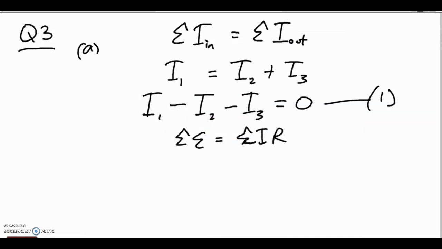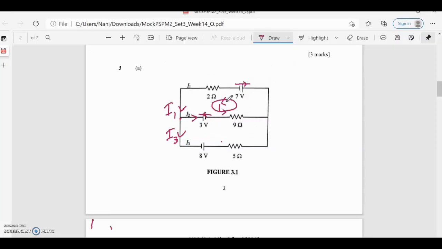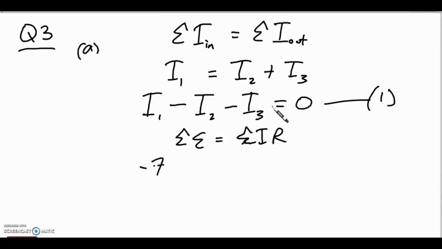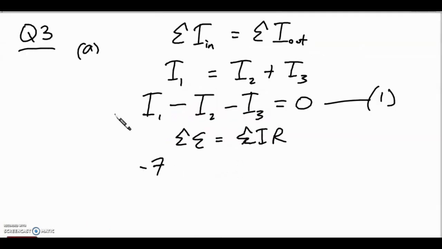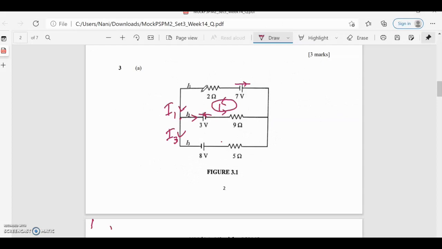So just now 7 volt is negative because it is the opposite direction. Okay, so negative 7. And the other one, 3 volt, is also opposite direction to the loop, so let's make it negative 3. Okay, and then we look at the resistors. The 2 ohm has a current I1.